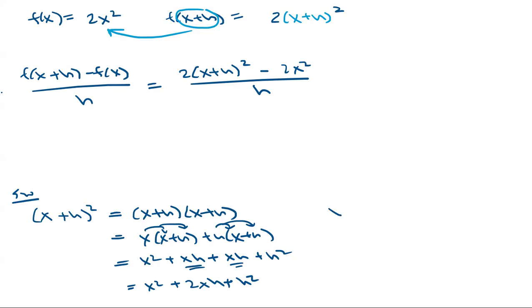The other method is if I have any type of factor and it's just being squared, what you can do is take that first one, the x, and square it. You take the second one there and square it, and then you multiply the two.